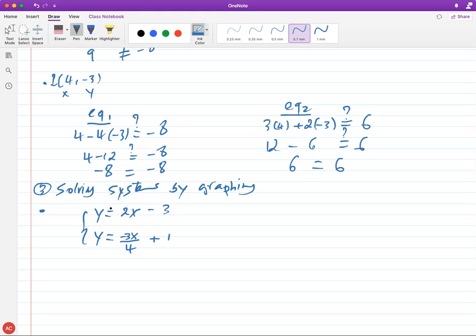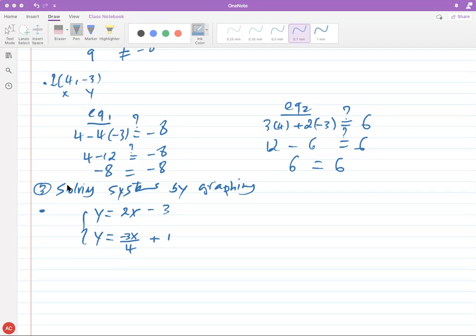We have a system here of two lines. We don't know how they're going to end up. We don't know if there is a solution or not. So we're going to do this by graphing, meaning we're going to need to put both lines in the same graph and see whether the two lines either intersect or not, or overlap. So we're going to need a graph for that.